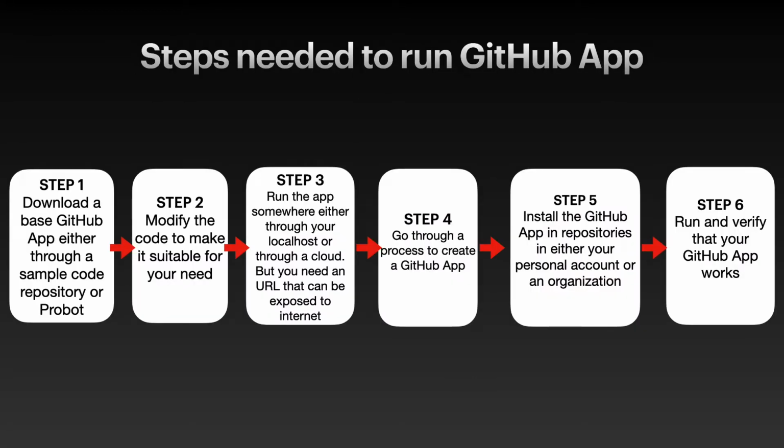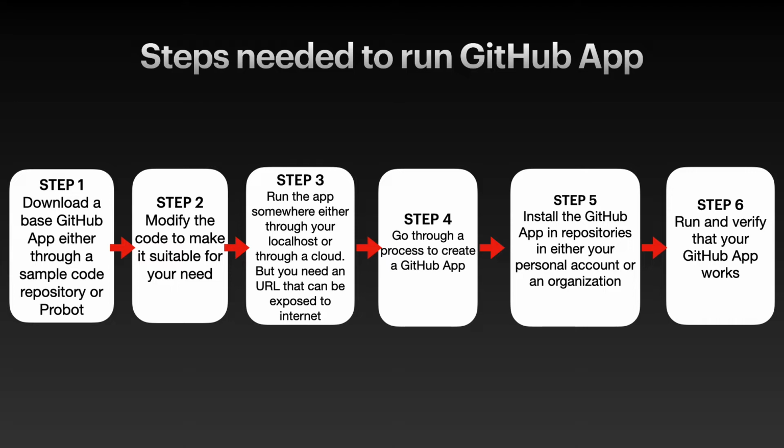Regardless of which process you use, the general process will be similar. Step number 1. Download a base GitHub app either through a sample code repository or Probot. Step 2. Modify the code to make it suitable for your needs. Step 3.